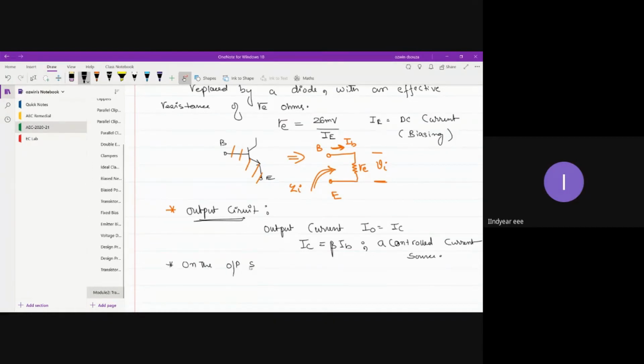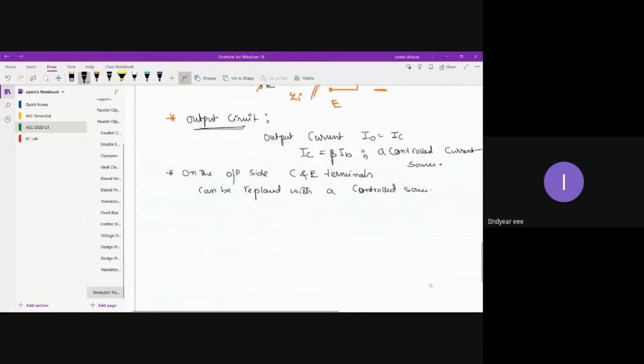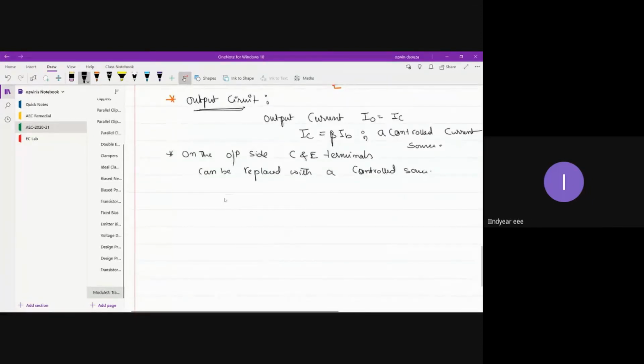So on the output side, the C and E terminals can be replaced with a controlled source. Let's see how exactly the output circuit looks.